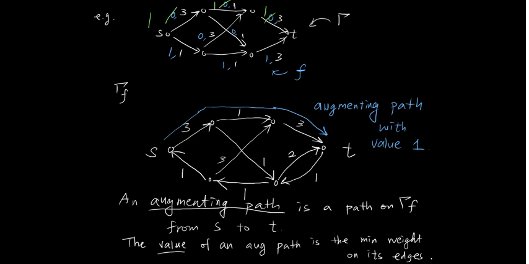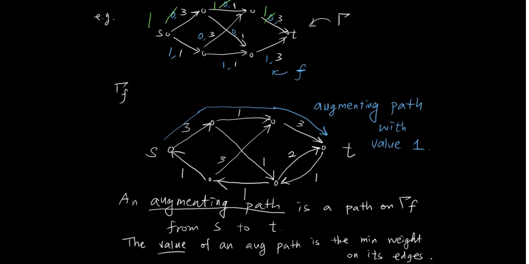Okay, so later on, this is pretty much the most essential idea of the algorithm. If you build this gamma f, which is very natural, and then you try to find an augmenting path.